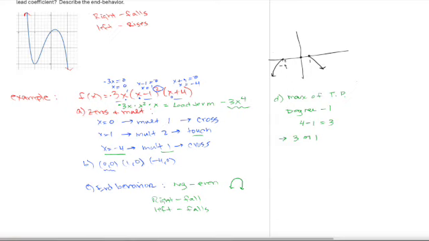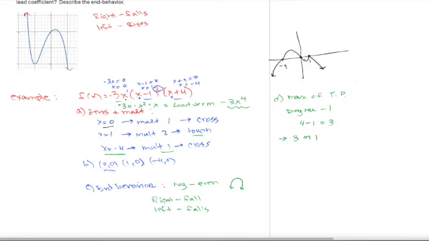And now let's consider the multiplicity of these zeros. At -4, the multiplicity is 1, so it will cross. We don't know exactly how high it will go, but we need calculus for that. But we know eventually it'll come back down to pick up this x-intercept. And at 0, the multiplicity is 1, so it will cross. And again, we don't know how far it will dip down, but we know it will come back up.